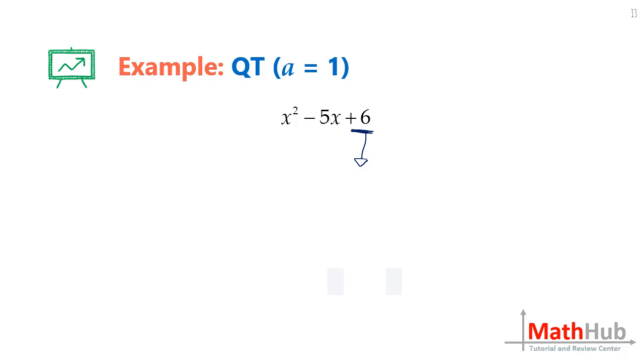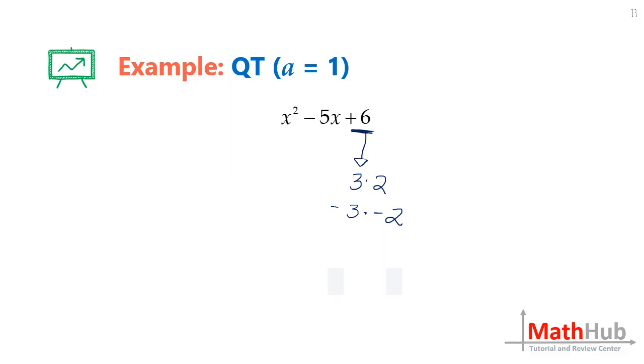Okay? So positive 6. What are the factors of positive 6 whose sum, when you add those two, will be equal to negative 5? So the factors of 6 are 3 times 2 or negative 3 times negative 2, right?